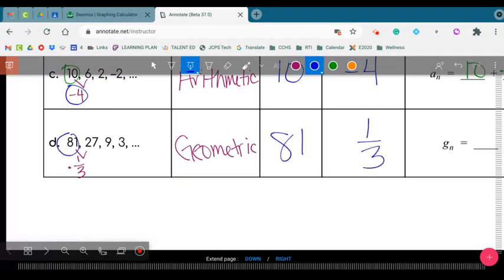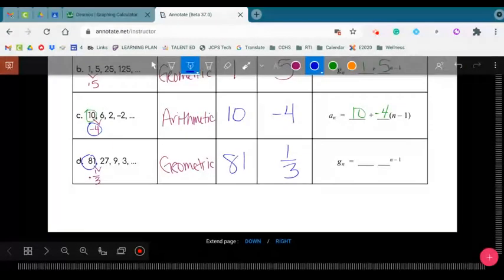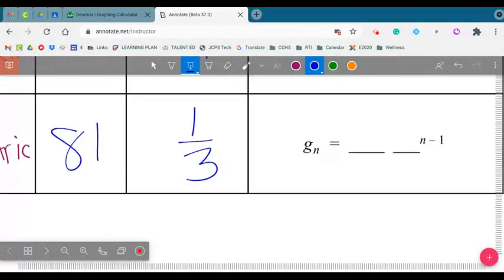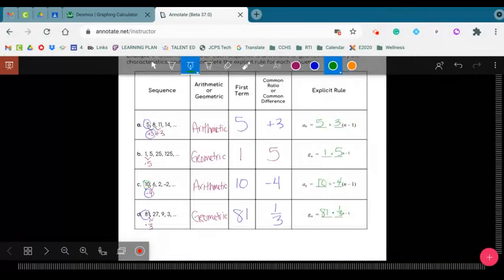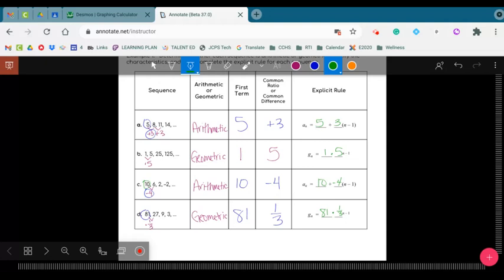Common ratio is 1/3. So we're going to put our first term first. And again, there should be a multiplication sign in between these two numbers. And then our 1/3 goes second. And that is how you write your explicit rules. So let me know if you guys have any questions over that. We're going to move on where we actually have to write the whole rule on our own.